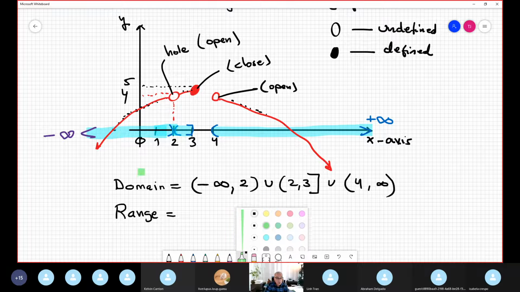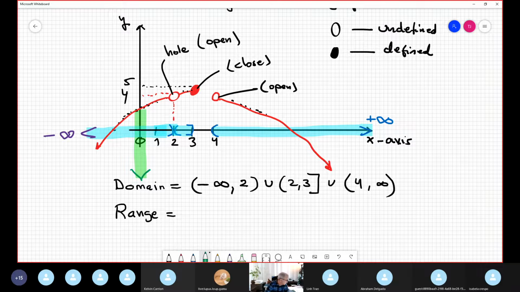You go from negative infinity to 4, but it does not include 4. 4 is out of the game because it's undefined. Here is undefined. So, parenthesis, not bracket. And continue from 4 to 5.